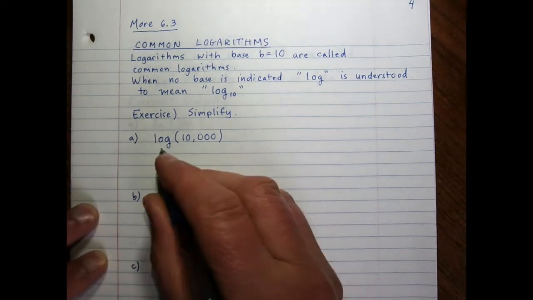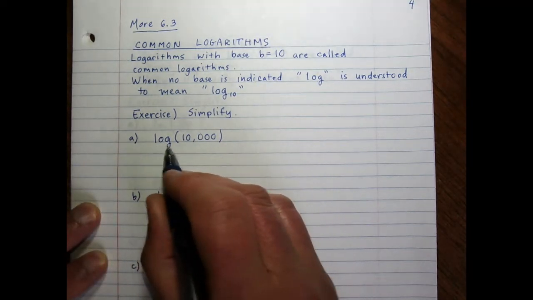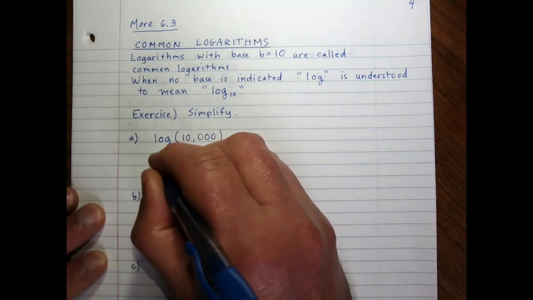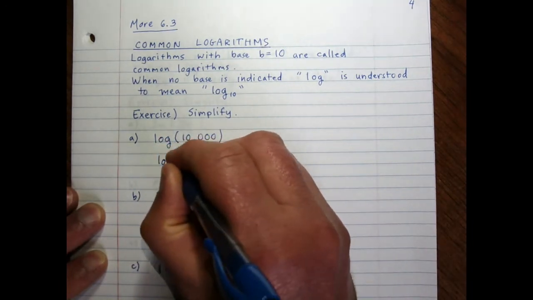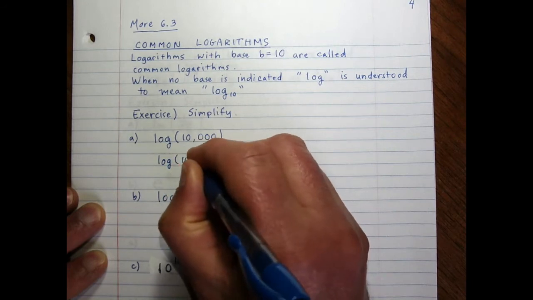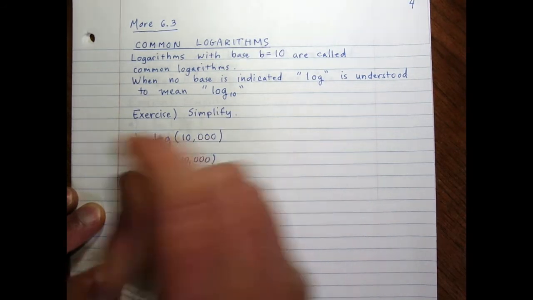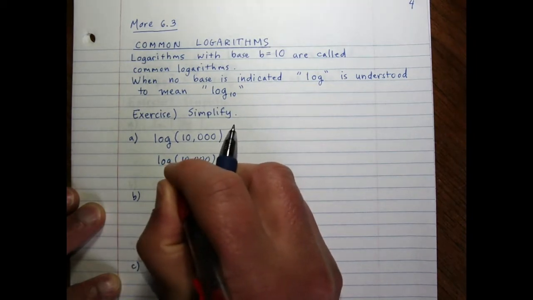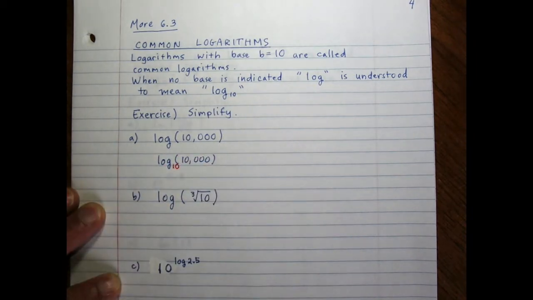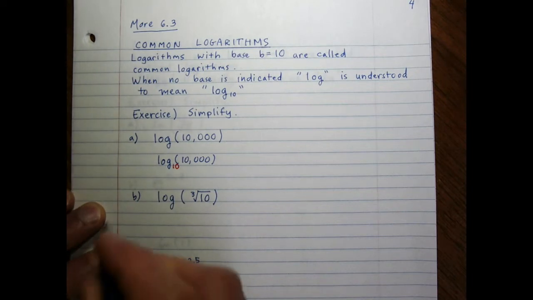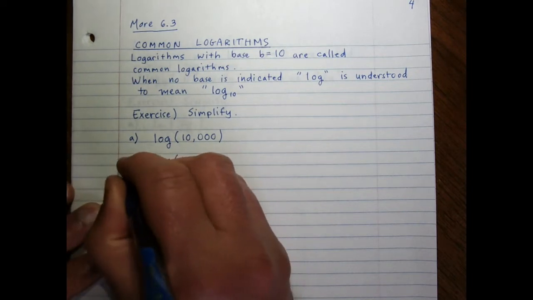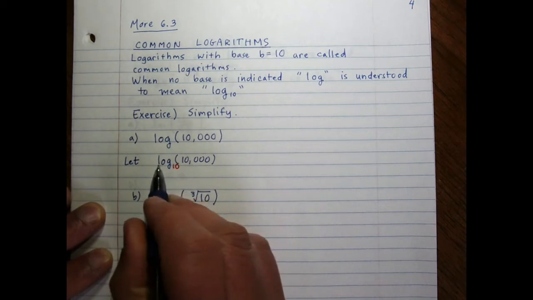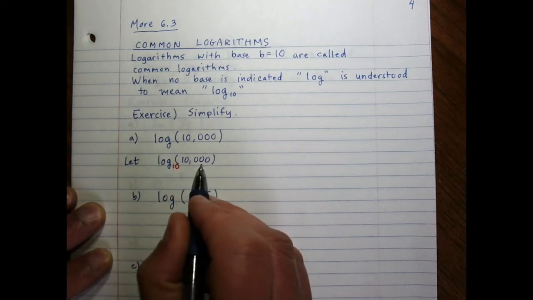In A, we want to simplify log 10,000. So when I see log of 10,000, it's understood that that's log base 10 of 10,000. And what we're going to do to try to figure this out, we're going to translate to exponential form.